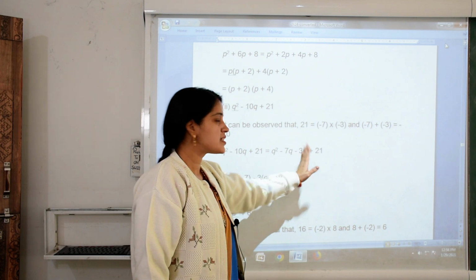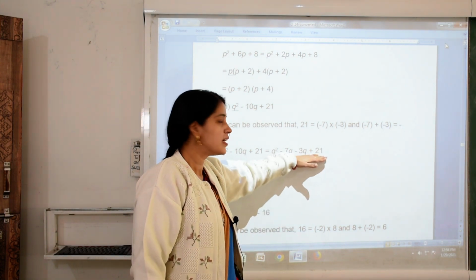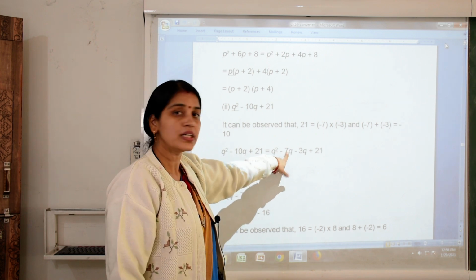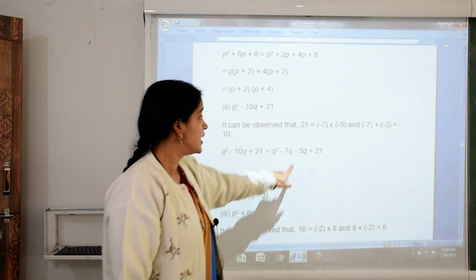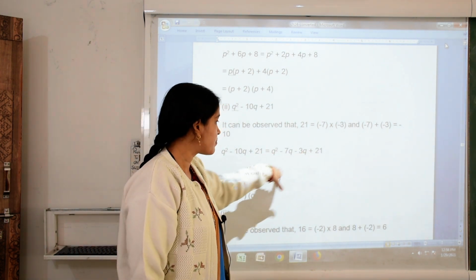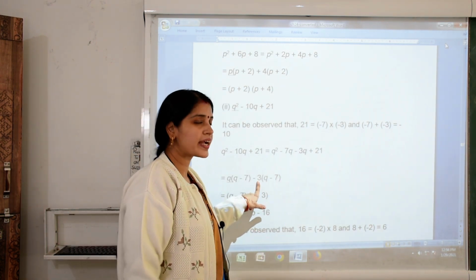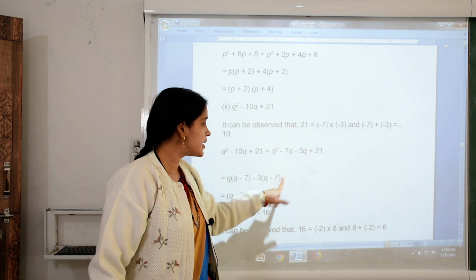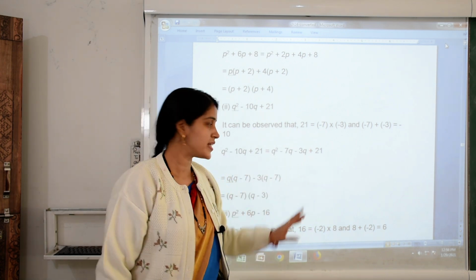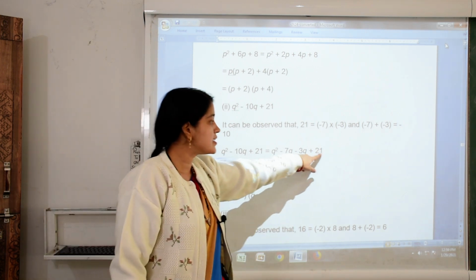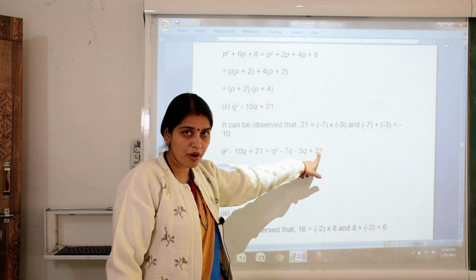Okay. Now these are 4 terms. So we take the groups of 2 and 2. Here q is common, left q minus 7. Here 3 is common but with a minus sign. So we know if there is a minus sign outside the bracket then the sign inside the bracket will change. That's why here the sign becomes minus, and 3 7s are 21. 3 is common here.